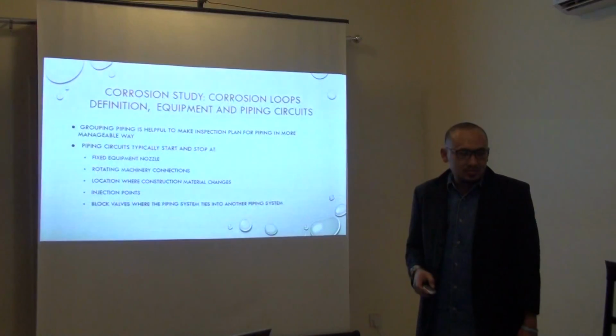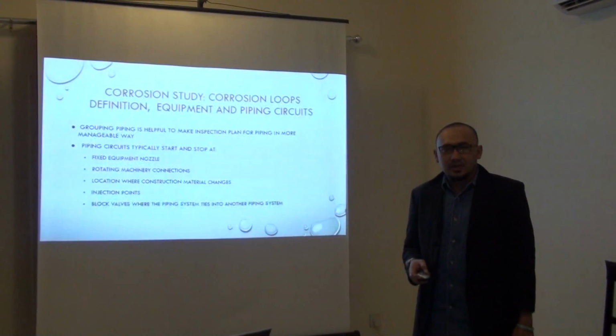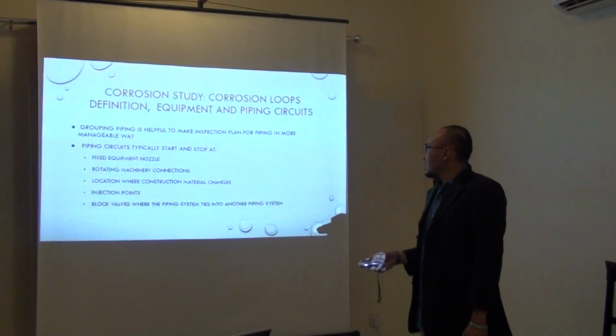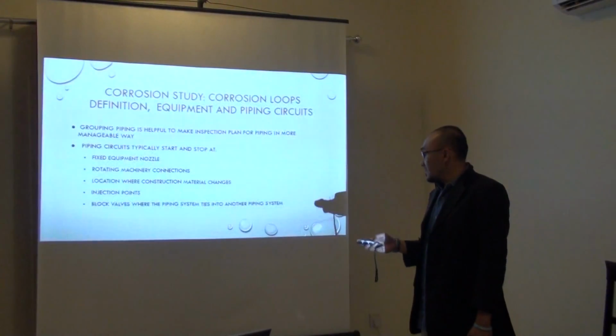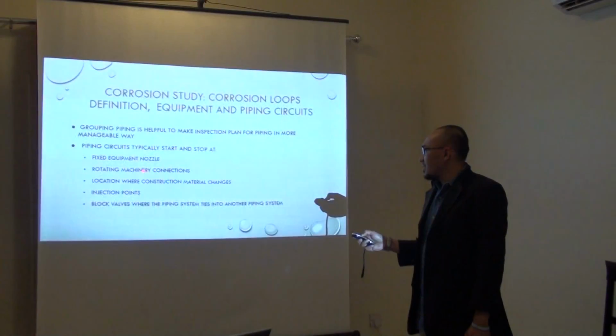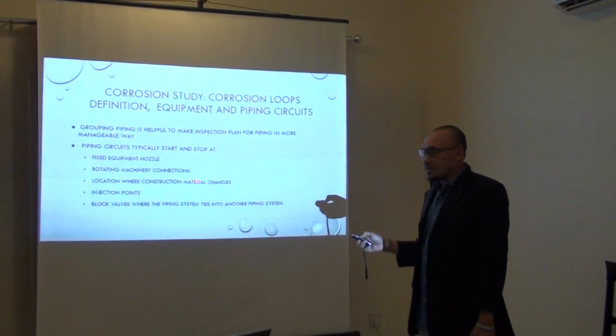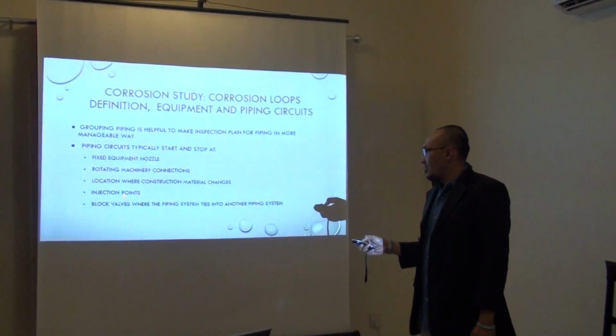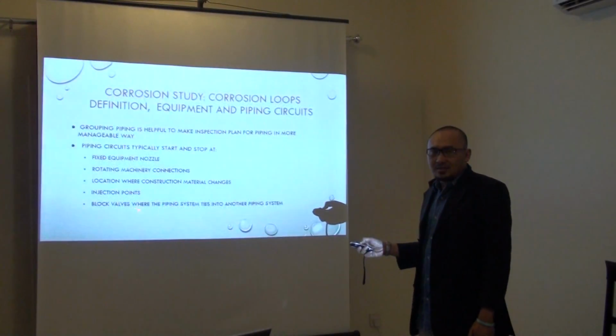Defining the corrosion loop in the equipment and piping circuit will be grouped in several ways. For example, fixed equipment nozzles, rotating machinery, locations where the material changes, injection points, and block valves in the piping system which connects the equipment.